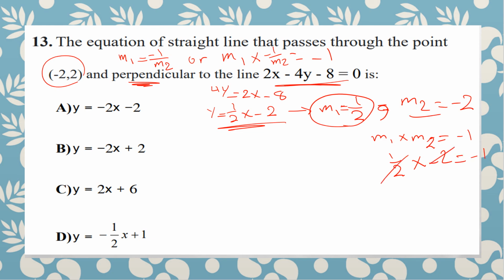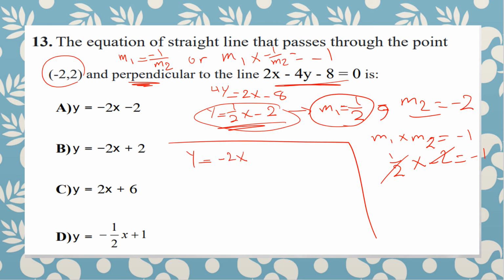So this is true. The equation of the straight line that is perpendicular to this line is y equals m2, which equals minus 2, x plus c. We would like to get the value of c by substituting with the point of minus 2 and 2.